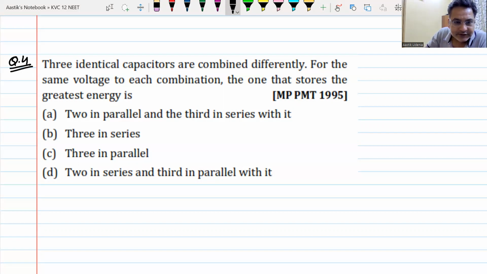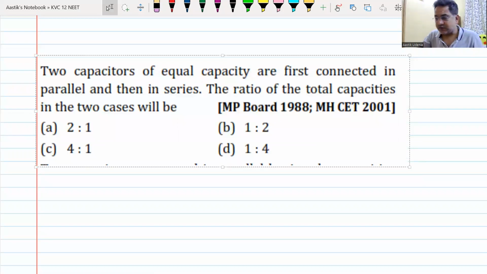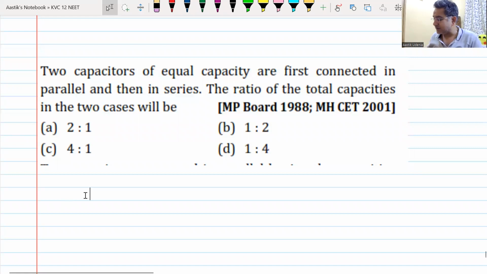Okay, this one we'll do first, because now it will test both our understanding of series and parallel. I'll give you 2 minutes to solve this. I'll make this question number 4.